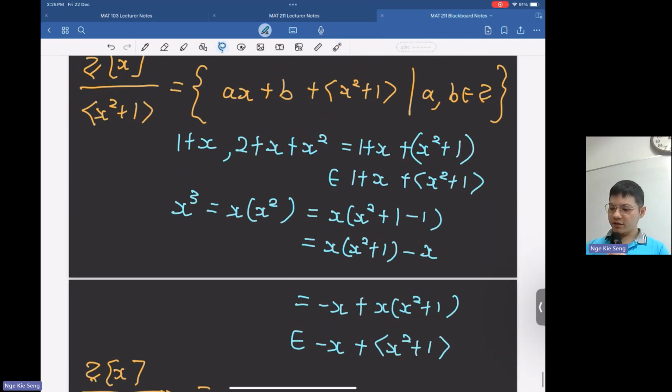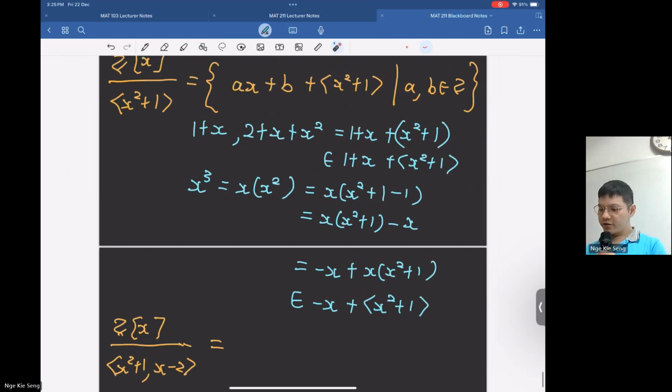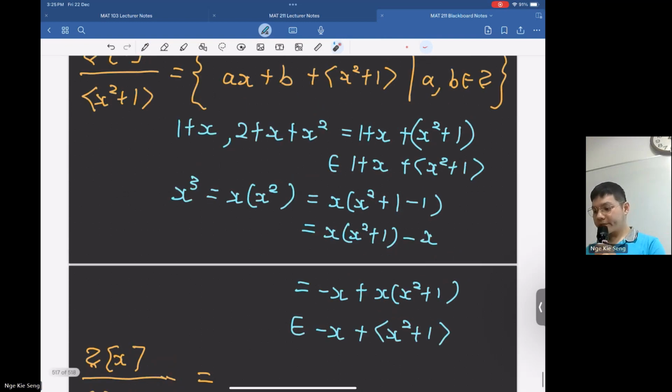So Ziqian suggests that out of these elements, you check what are in the same coset if you quotient further by x minus 2. If you allow the multiples of x minus 2, like what we did just now, how do you do it? Can you reduce to something meaningful or not?